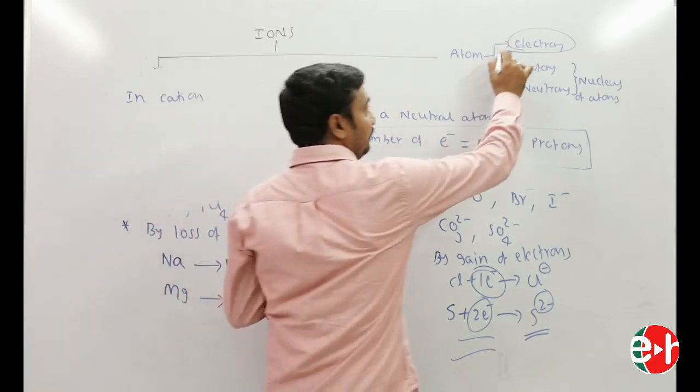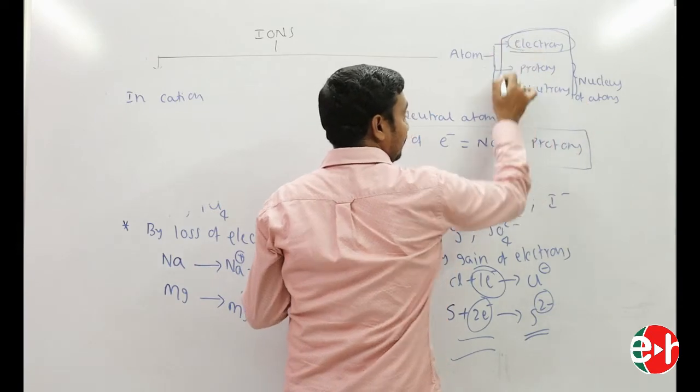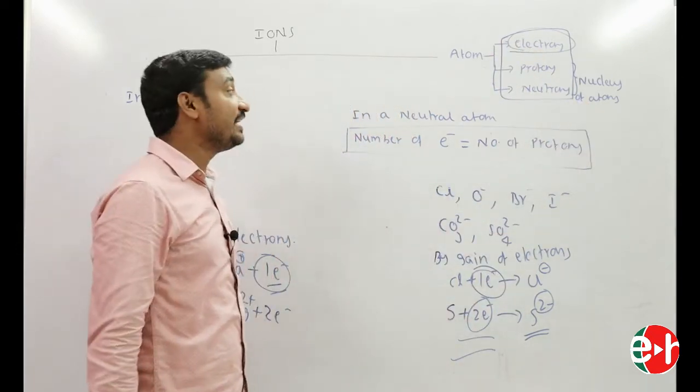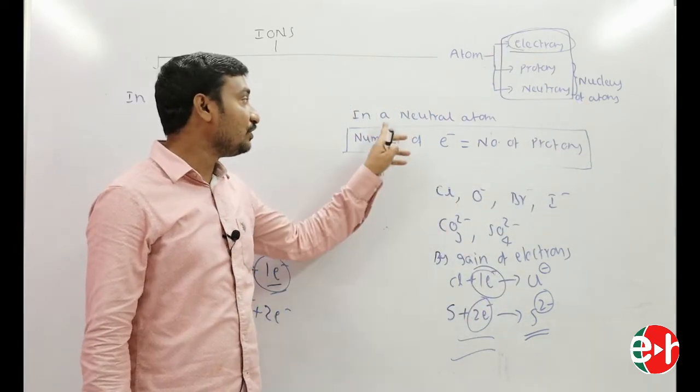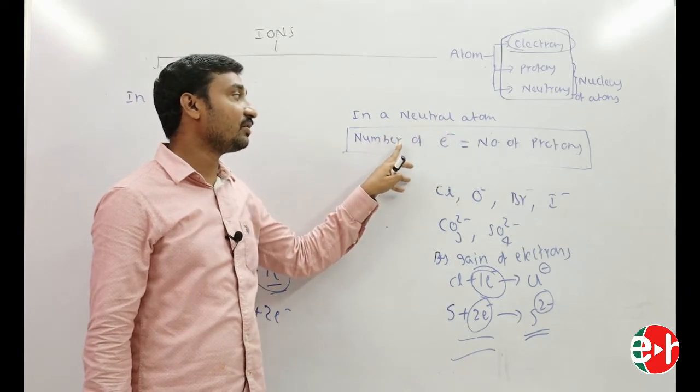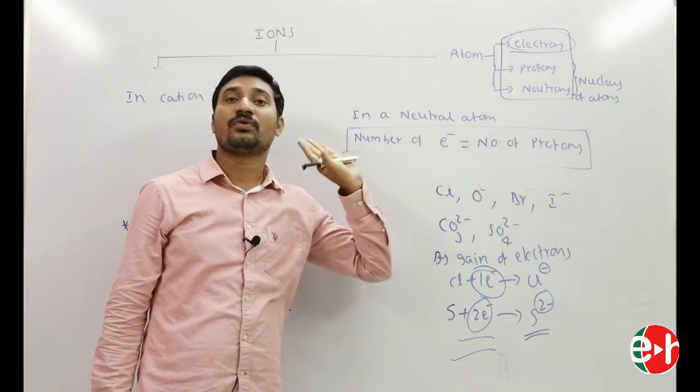But in a neutral atom, the number of electrons is equal to the number of protons.